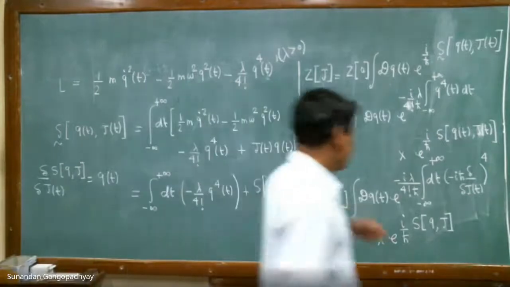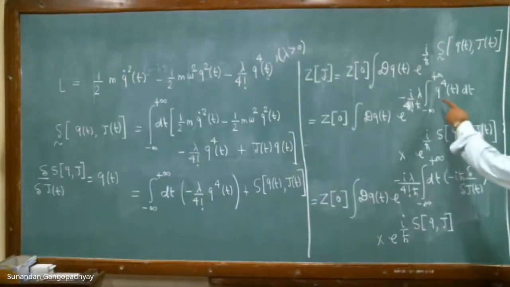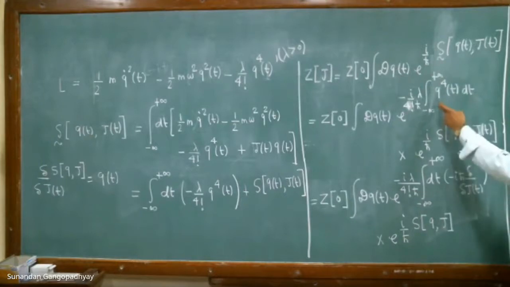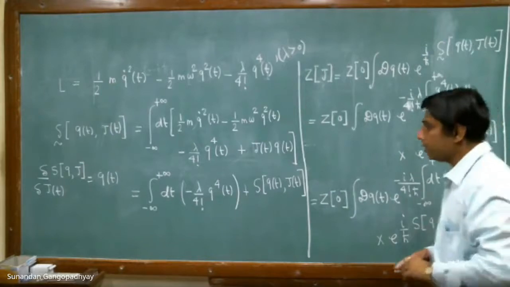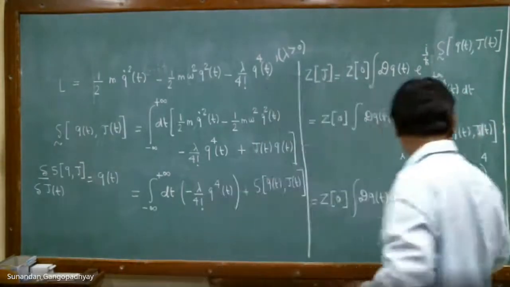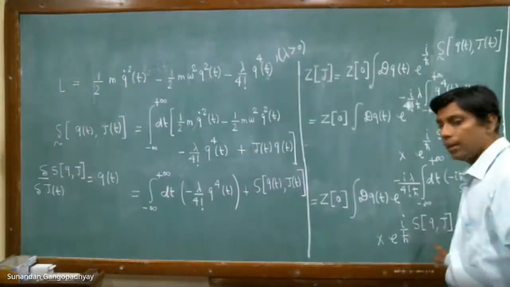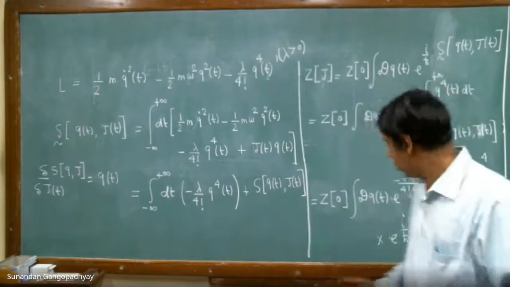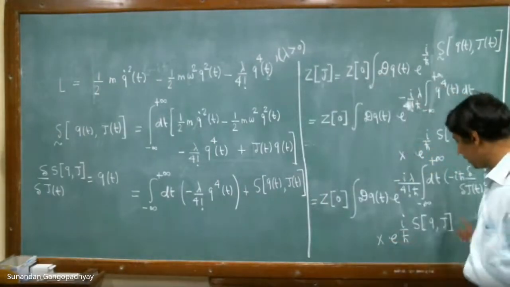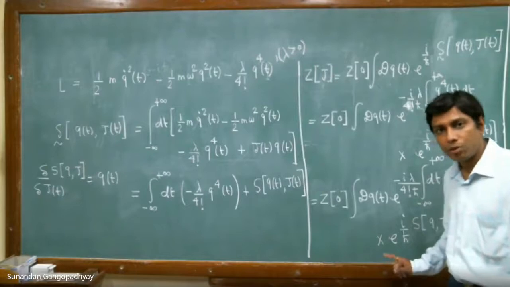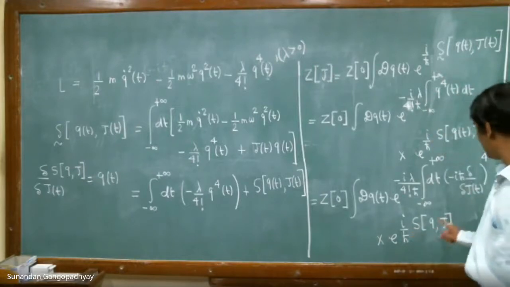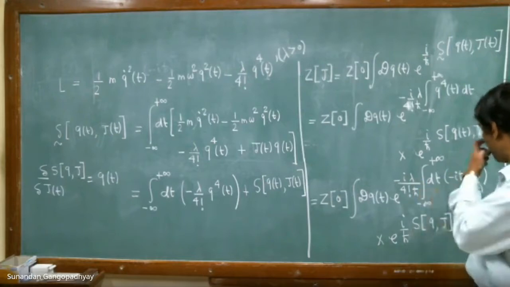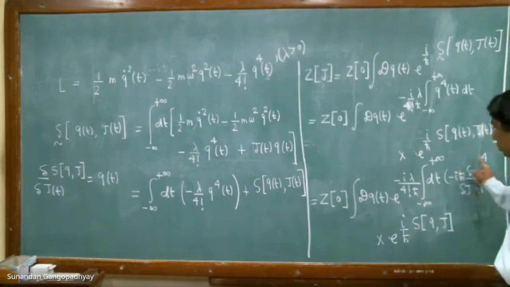You see that I have replaced q to the power of 4 by this factor, because each q over here can be obtained by functionally differentiating this thing with respect to J. When you functionally differentiate with respect to J, you will have an e to the power of, which is already on top. You want q to the power of 4 here.